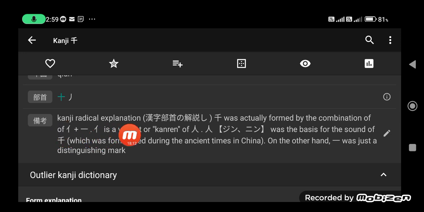Kanji radical explanation. In Japanese, kanji bushu no kaisetsu. So the shi here is the stem form of suru.